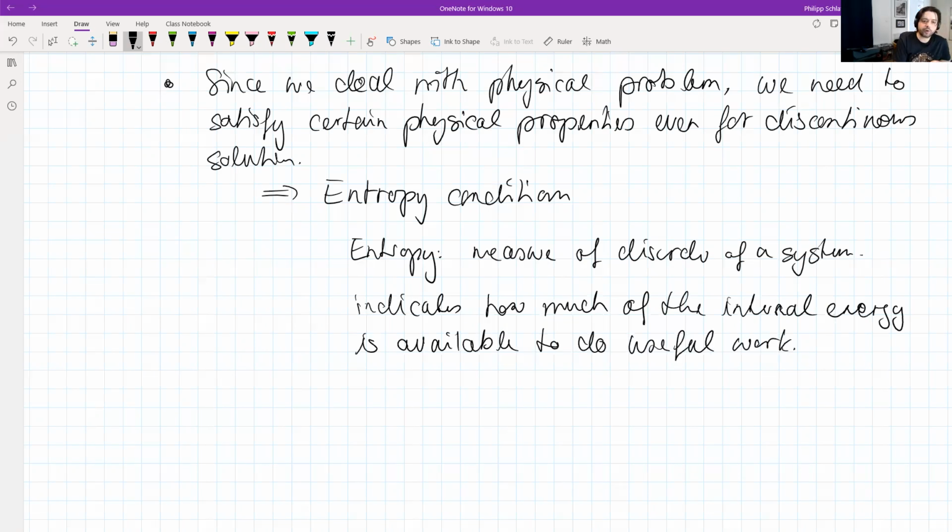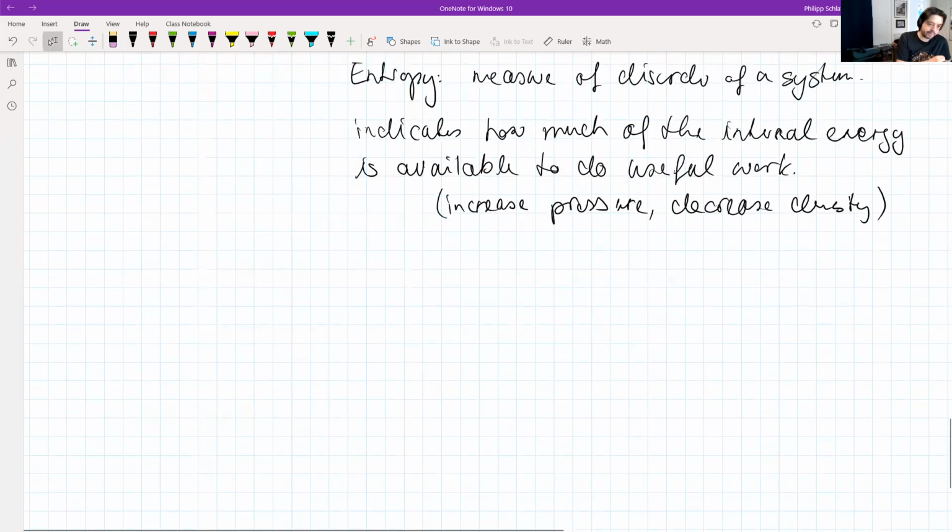Of course, what useful work would mean could be, for instance, to increase the pressure in a region or decrease the density.